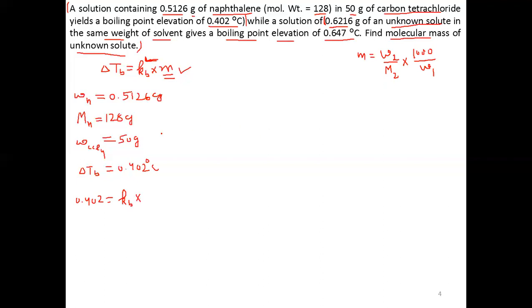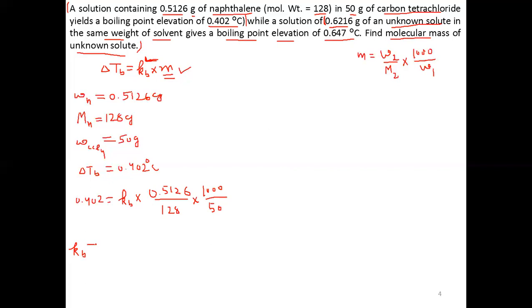Molality is W2, W2 means solute. Solute is naphthalene, it is 0.5126 gram, divided by its molecular weight 128, multiplied by 1000 divided by the weight of solvent in grams, it is 50. So from here we can calculate Kb.